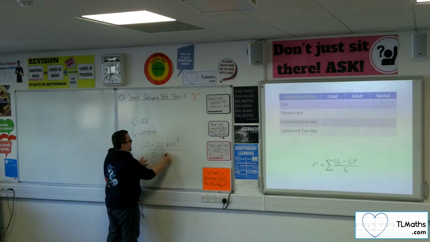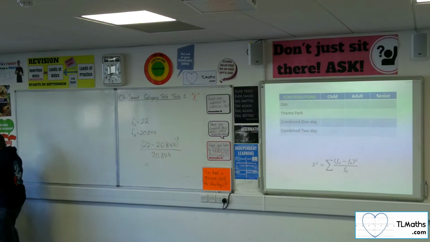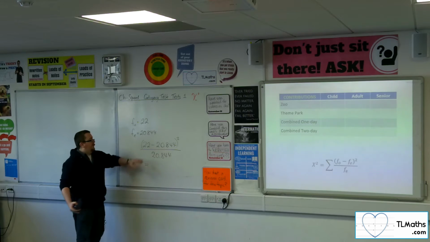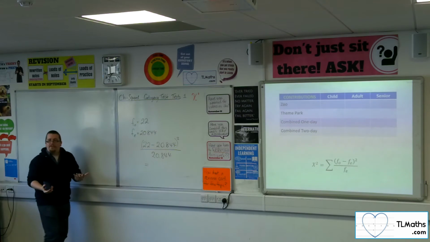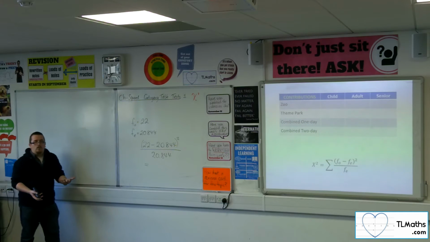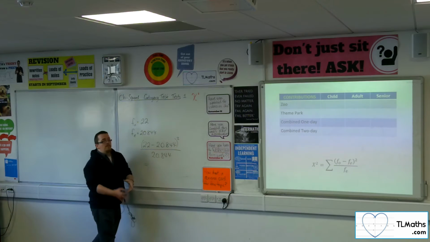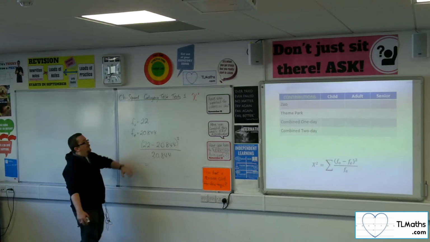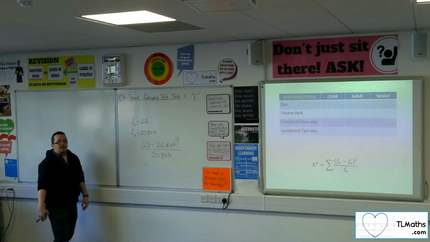Now, if you're wondering where that's coming from, well, it's always coming back to that standard deviation formula again, really. It's finding the difference. That's going to get you negative values and positive values, which will cancel each other out. So you square them to make them all positive, and then we're dividing by this value, the 20.844, in order to scale them down.